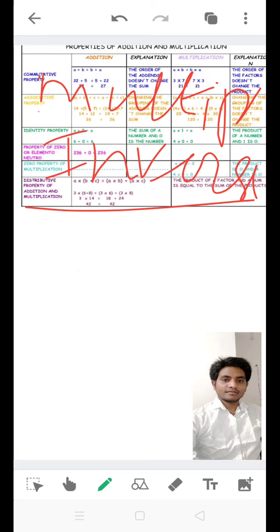In this property, if we take any whole number, like any natural number a, then its inverse is 1 by a.